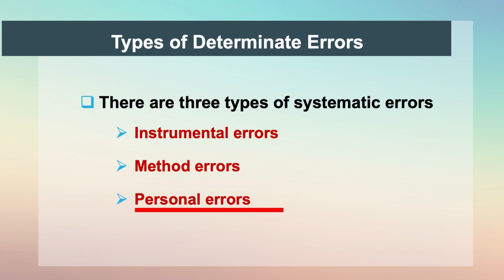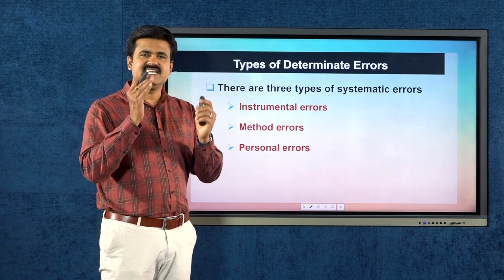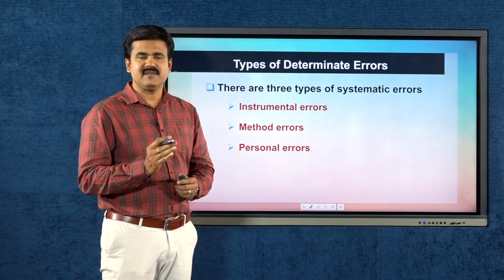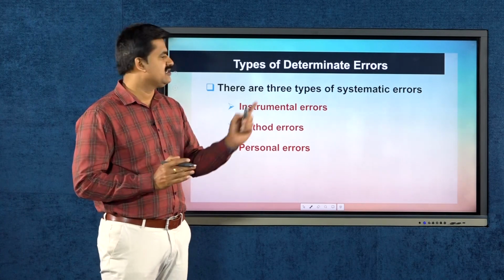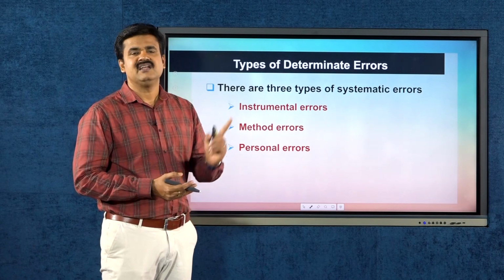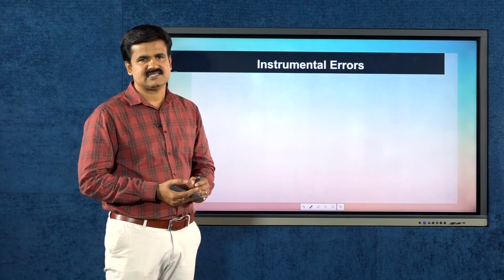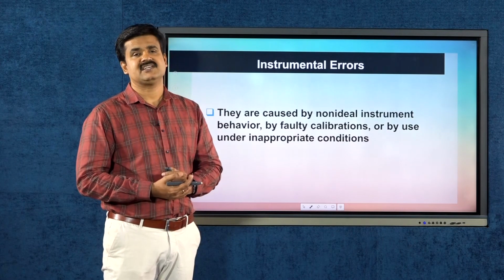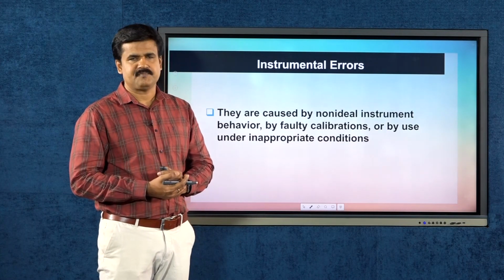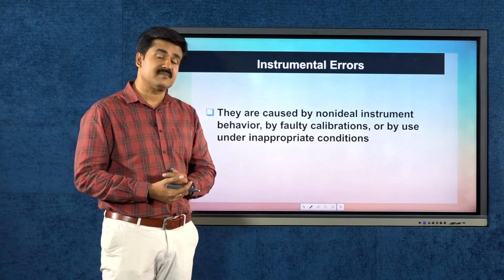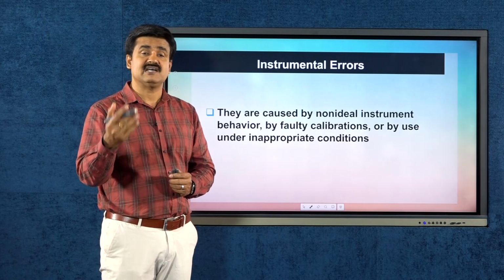The last category is personal errors. So, the determinate errors or systematic errors can be broadly divided into three categories. They are instrumental errors, method errors and personal errors. We have to consider somewhat more detail about these three kinds of determinate errors: instrumental, method as well as personal.